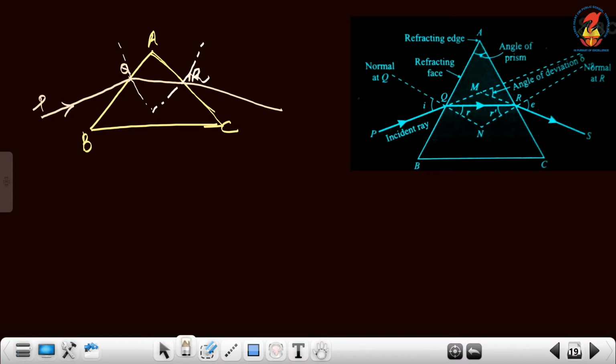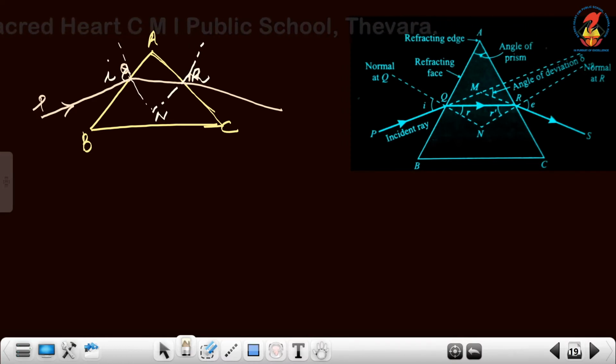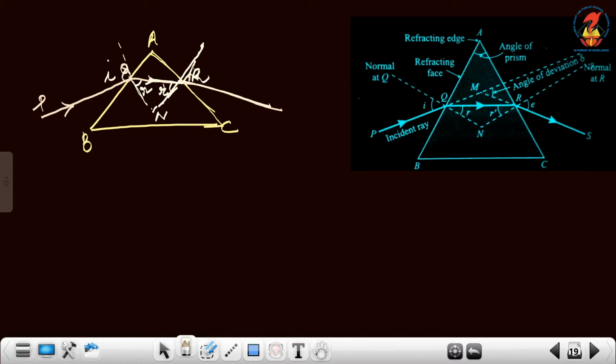I'll take this point as R and this point as N. The angle between the incident ray and the normal is taken as I, and the angle between the refracted ray and the normal is taken as R. Now on this face, the angle between the incident ray and the normal is taken as R dash, and the angle between the emergent ray and the normal is taken as E, the angle of emergence.